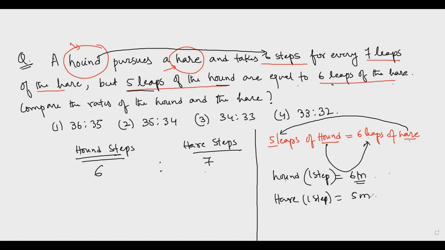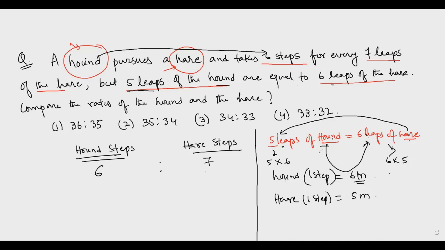Can I assume this? I can assume this. So this will become 5 leaps of hound: 5 into 6, and here 6 into 5. So 30. So they are equal.